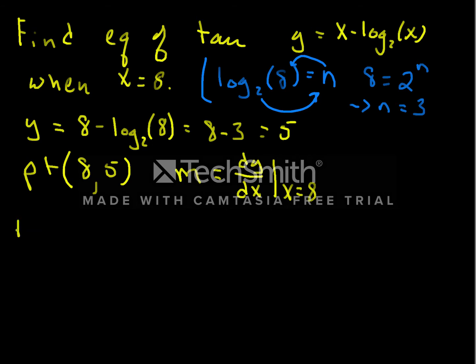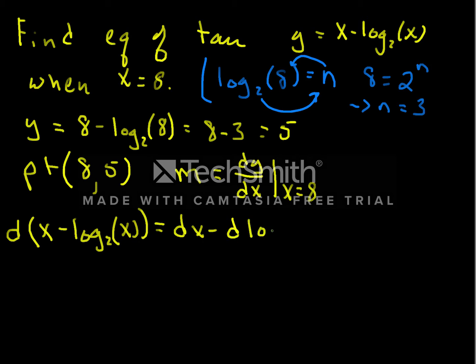We know that the differential of x minus log base 2 of x, the differential rule distributes across subtraction, so this is dx minus the differential of log base 2 of x.